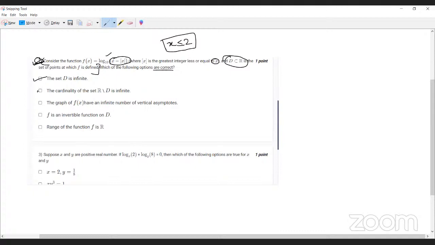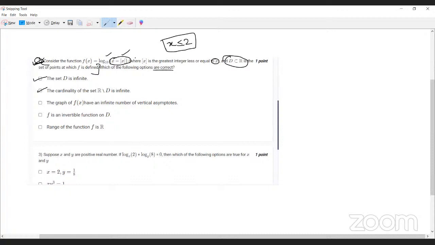Then the graph of f of x has an infinite number of vertical asymptotes. It will have multiple because the value of x minus bracket x will go from 0 to 1, then again from 0 to 1, then again from 0 to 1. So it will be like sections of the log repeating. I didn't get that point.